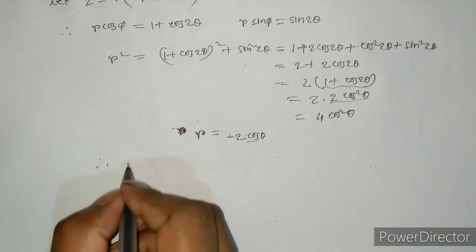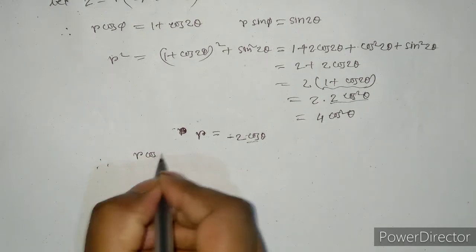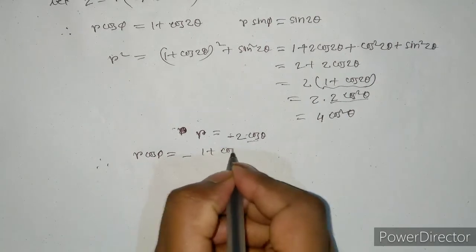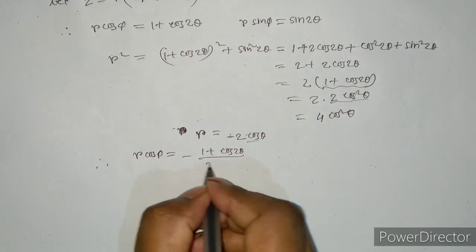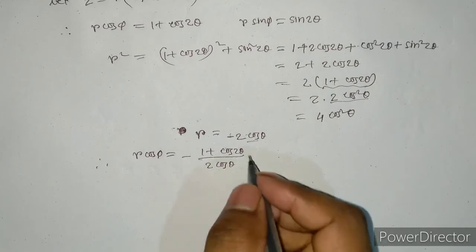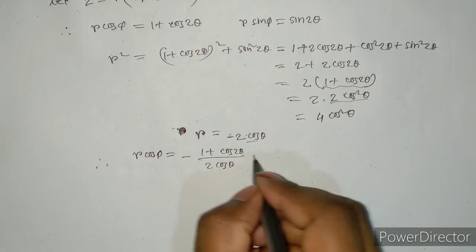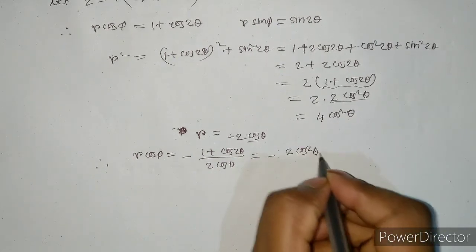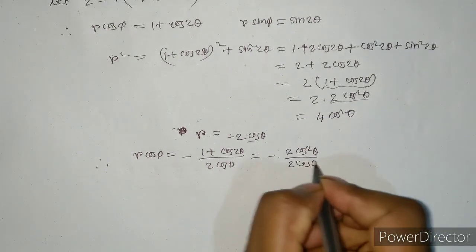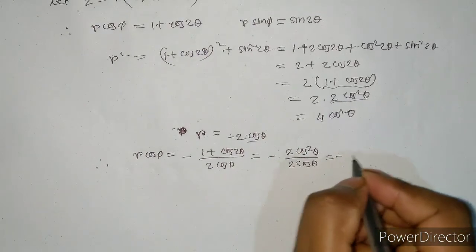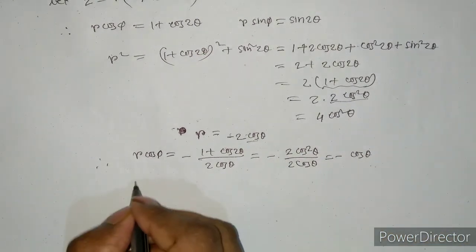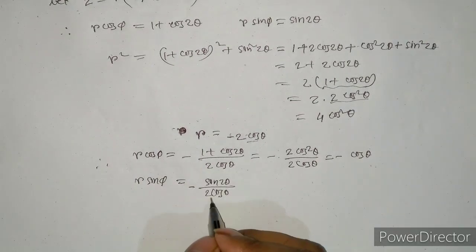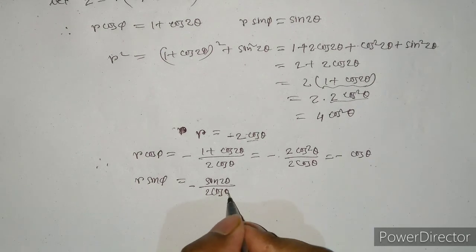Therefore r cos phi equals 1 plus cos 2 theta by minus 2 cos theta, equals minus 2 cos square theta by 2 cos theta, equals minus cos theta, and r sin phi equals sin 2 theta by minus 2 cos theta.